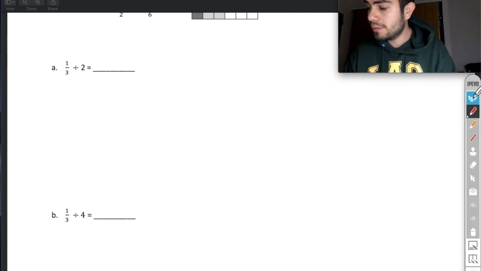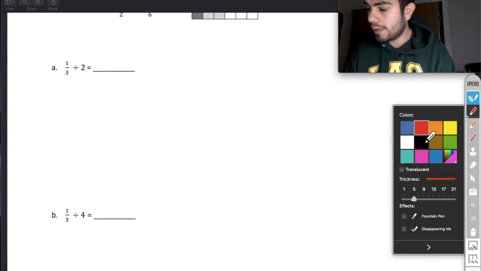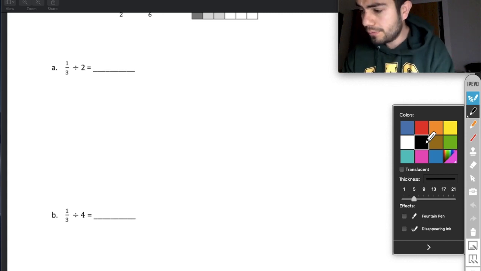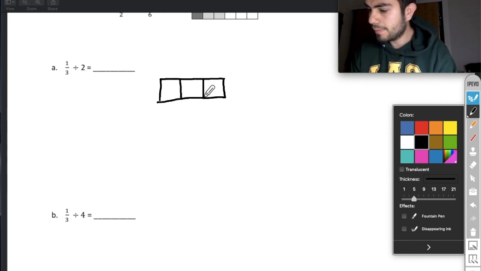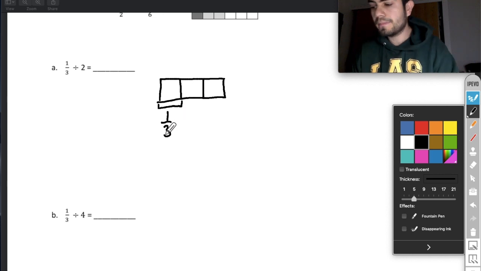So, just like in the previous problem, I'm going to draw out my area model. So here is my area model. And I'm going to draw out 1/3. Okay, so now here is my 1/3.